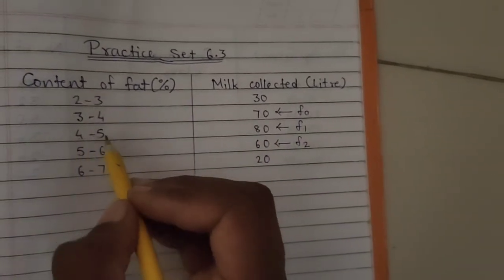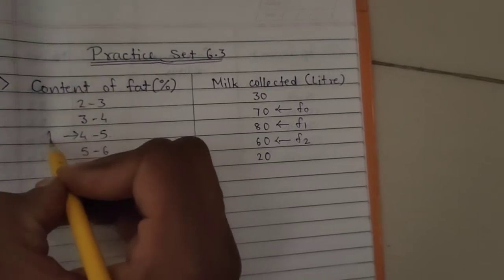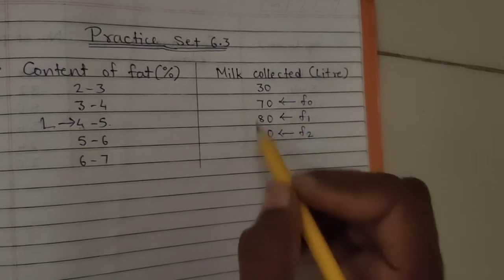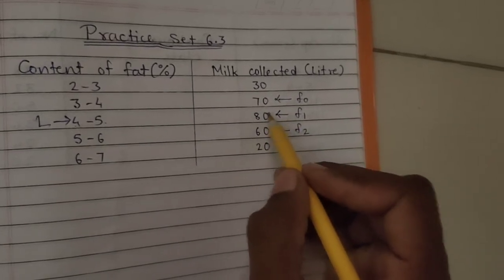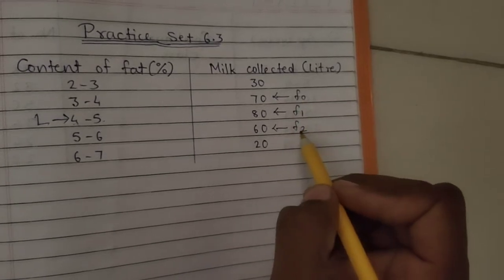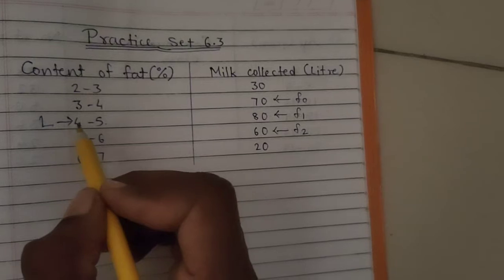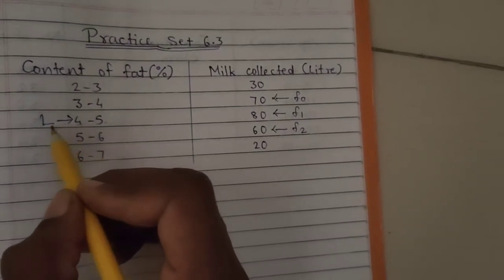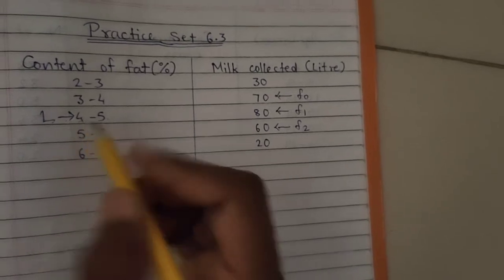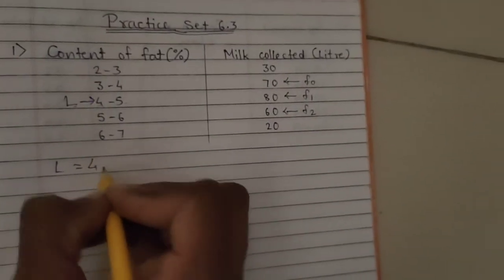So your modal class is what, 4 to 5, and the lower boundary of this is 4. Okay, so how to do this? First thing is what, select the highest frequency, that will form F1, above that F0 and below that F2, and this F1 belongs to modal class, and the modal class lower boundary is L. So L is what, 4. Okay, so from the table we can write what is L value, 4.